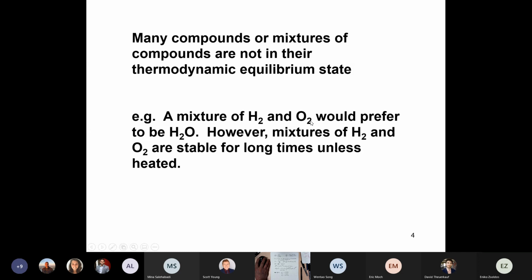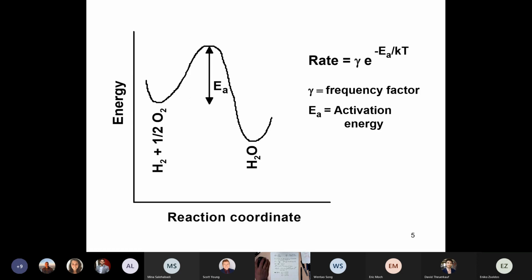You could mix them together in a gas cylinder or a balloon, and nothing would happen. They would prefer to be water, but they're stable for a long time unless they're heated, because there's an activation barrier in the way.